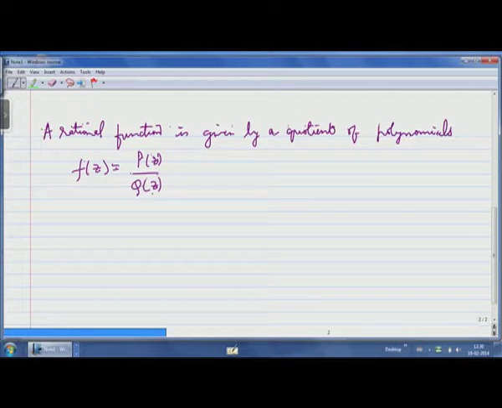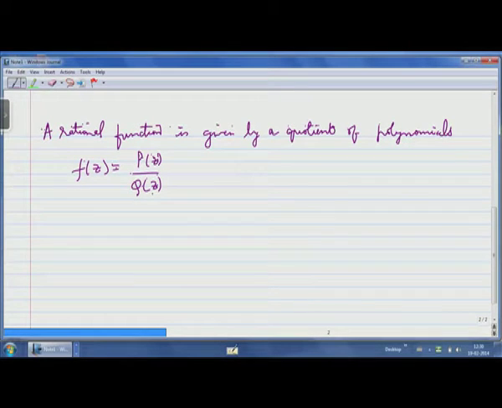Now I want to tell you something. All this time I was using the variable w, writing f of w. The reason I was using w is because I wanted to study the point w equal to infinity, and the way I would do that is by studying g of z equal to f of 1 by z, making the transformation w equal to 1 by z. But by now we understand how to deal with the point at infinity, so I am switching back to the variable z. So z will be our complex variable from now on.